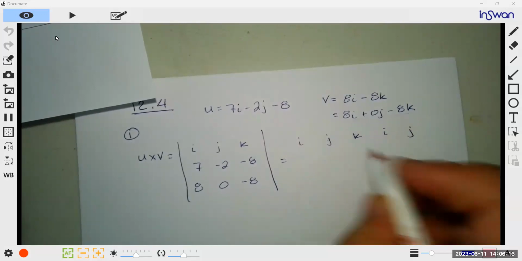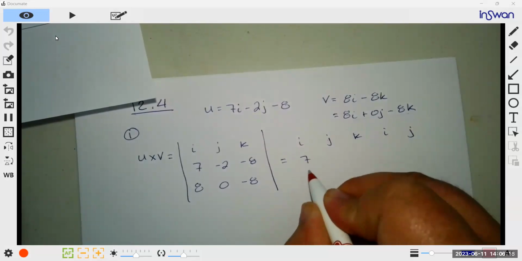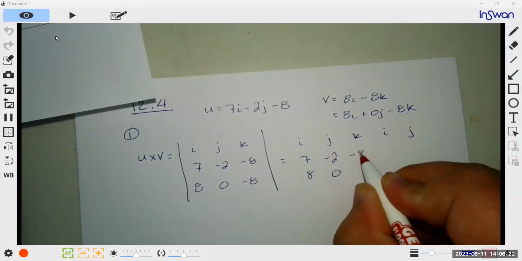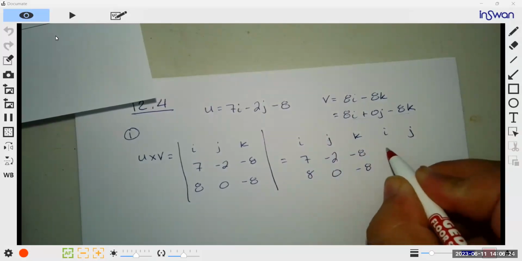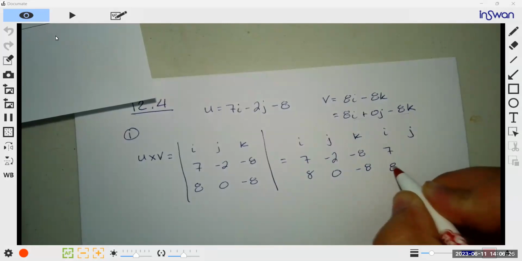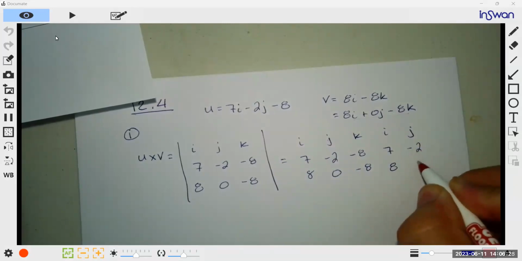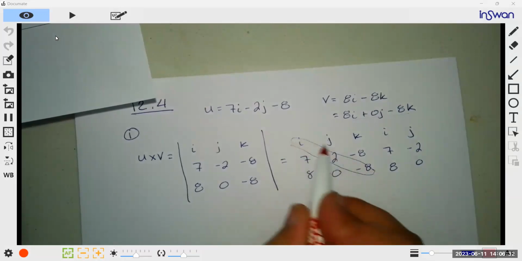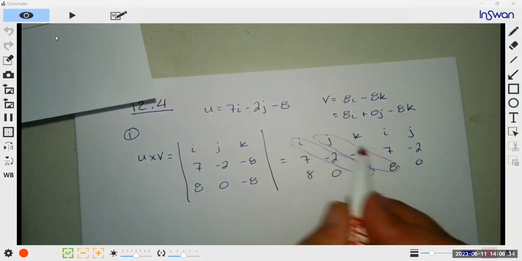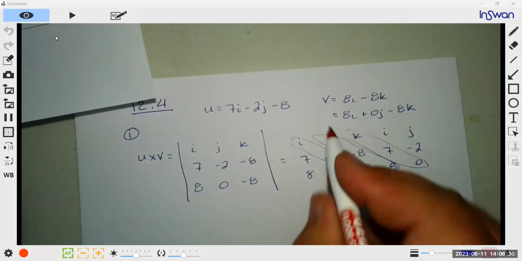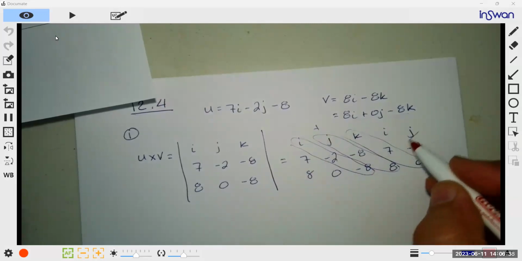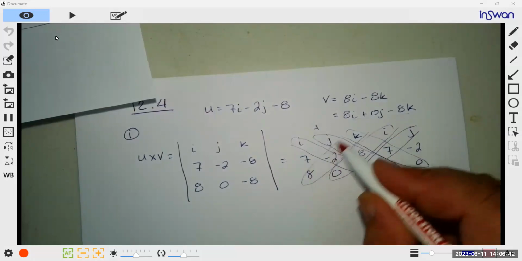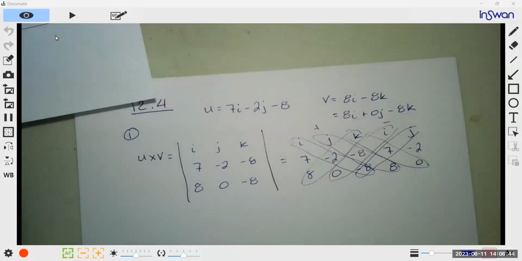I just take the first two columns and repeat them. Now it's just a matter of multiplying these, adding up all those, and subtracting all those.